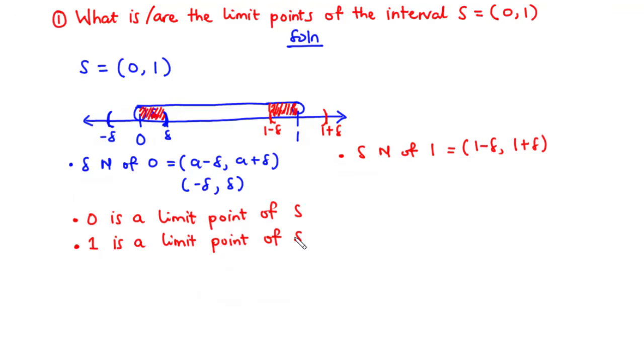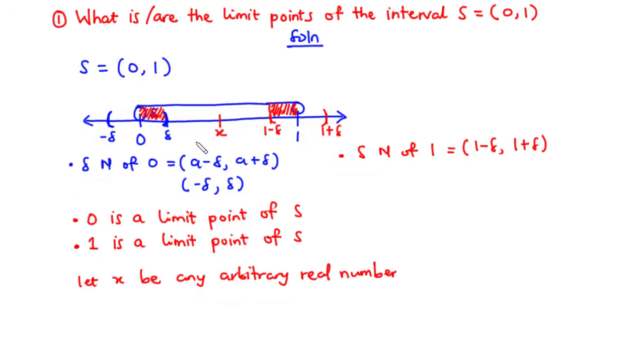Now let's try to investigate. Let's choose any arbitrary real number, say x, in between 0 and 1. So we say that let x be any arbitrary real number, and for that matter between 0 and 1.